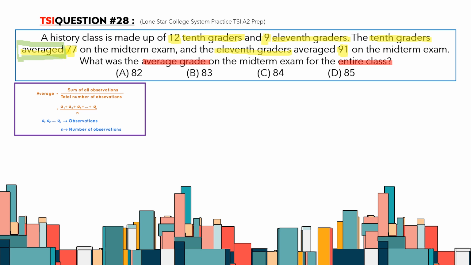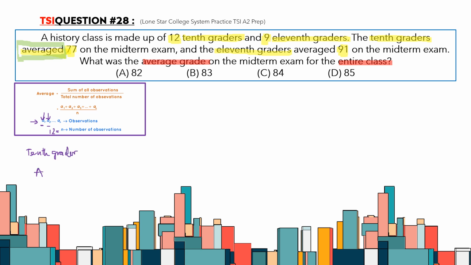So right here, we have a sub 1, a sub 2, up to a sub n. Each of these stands for one student: student number 1 in 10th grade, student number 2 in 10th grade, up to 12. So n equals 12 in this case, for 10th grade.